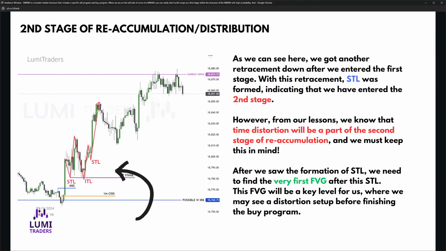But when you trade a high time frame level, this fair value gap is also going to be a high probability fair value gap, but not a silver bullet fair value gap. This fair value gap after the short-term low on the right side of this intermediate term low will be a key level for us where we want to see a distortion setup before finishing the buy program.